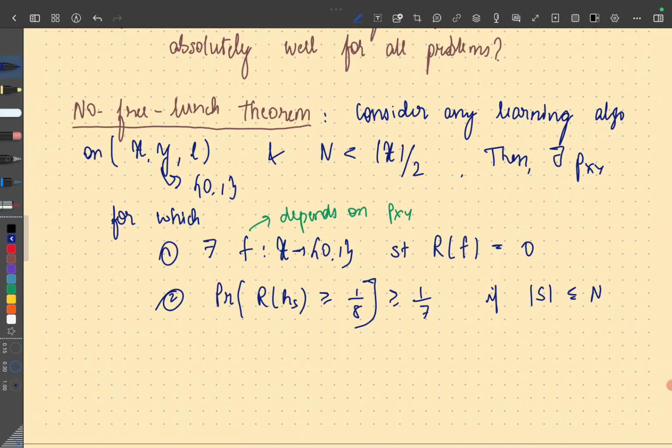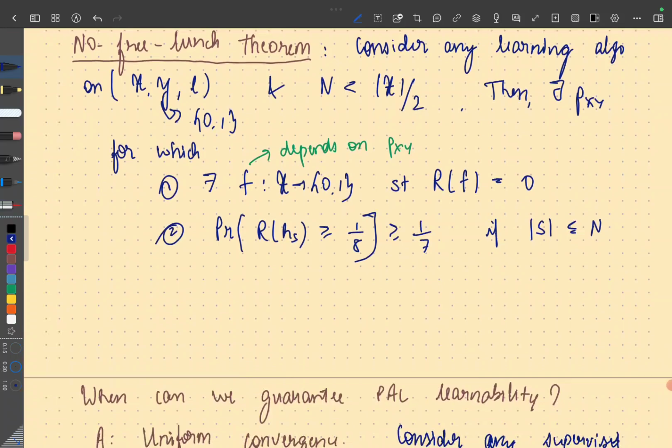Okay, so this automatically means that if the domain is infinite, then there's always one problem over which you will fail. Right?